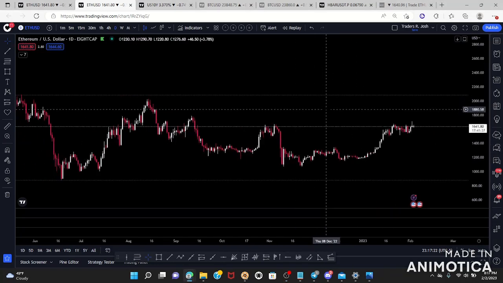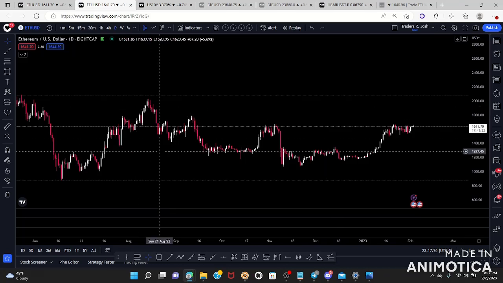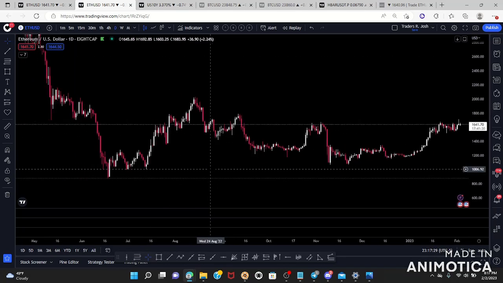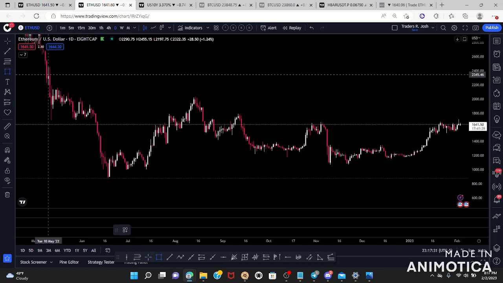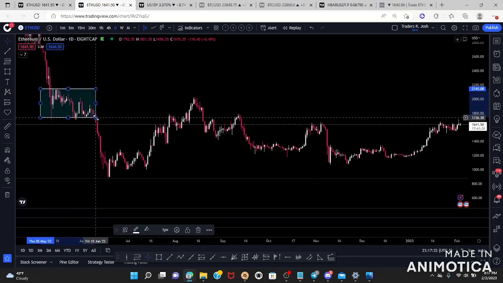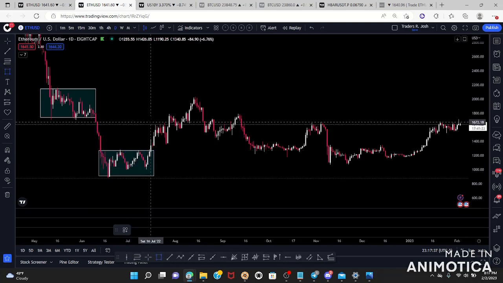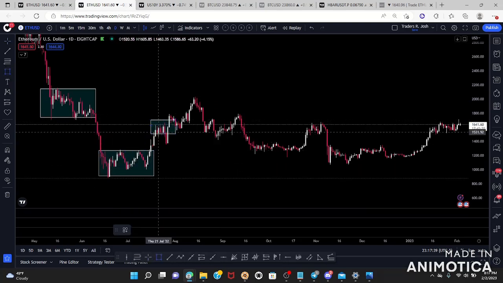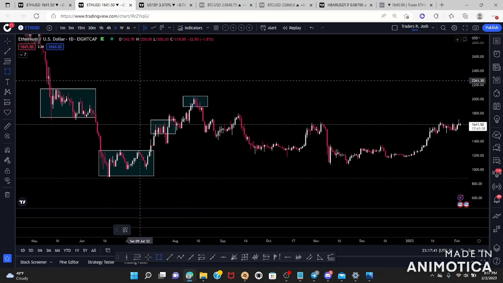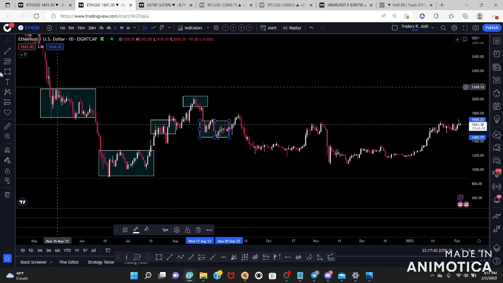The market structure is a cycle, a phase that repeats, and every chart will have the same structure. You're going to have a trend, a contraction, a trend, a contraction, trend, contraction.